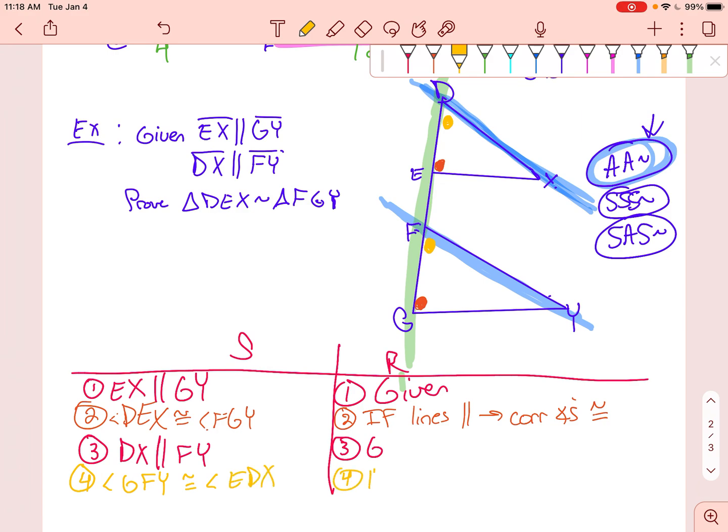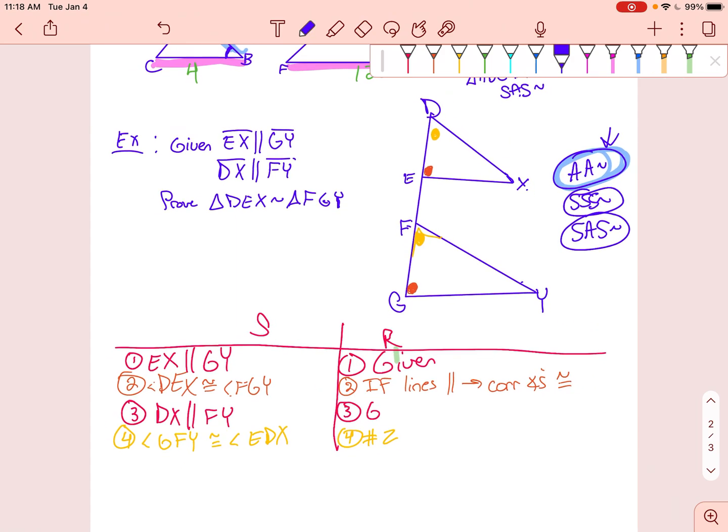And the reason, again, is the same as my reason for number 2. If parallel lines are cut by a transversal, then corresponding angles have to be congruent. I can take this angle and slide it up, it's in the same location, so those corresponding angles are congruent. Do I now have enough information to prove the triangles are similar?